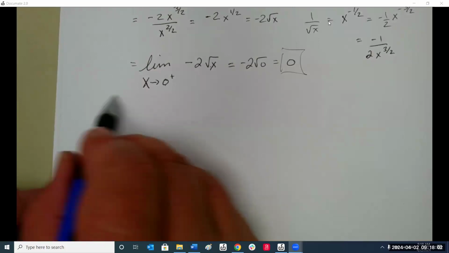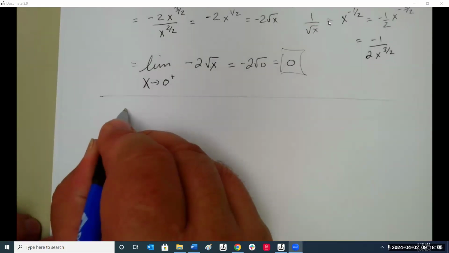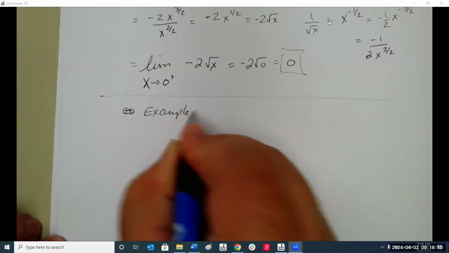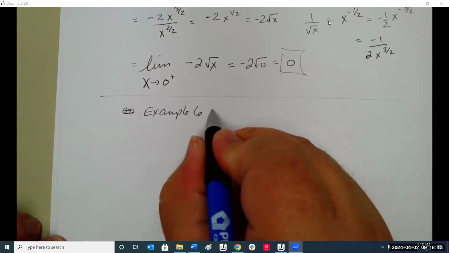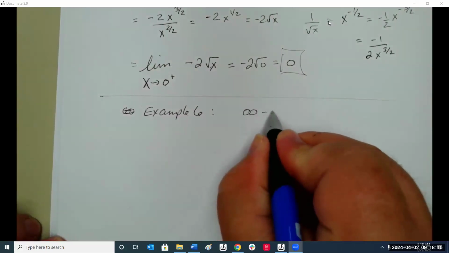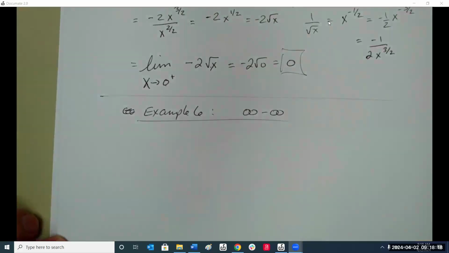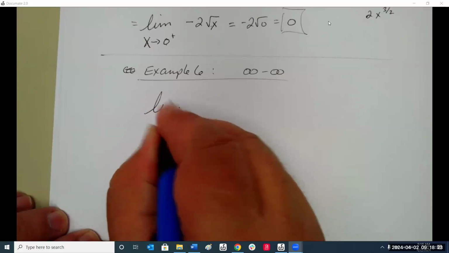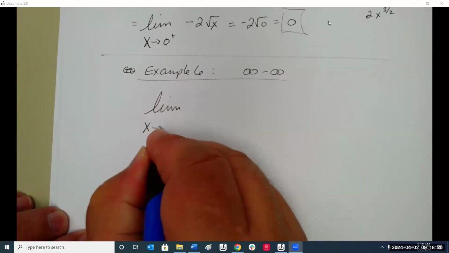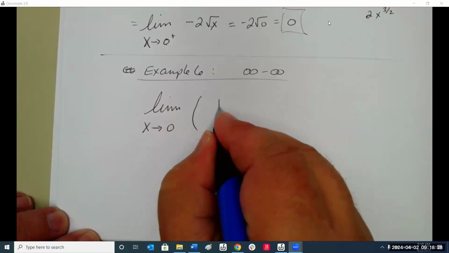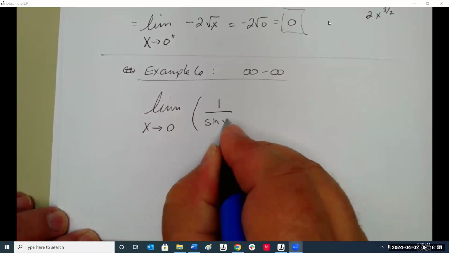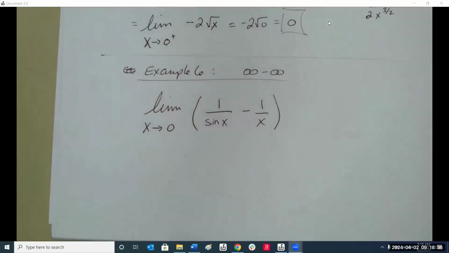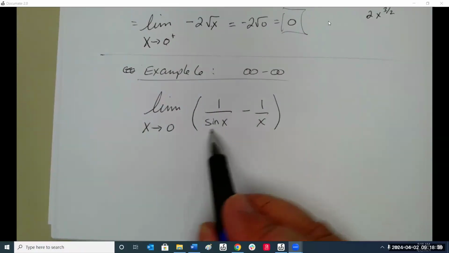Is there a C? No. Example 6. This is of the form infinity minus infinity. The limit as x approaches 0 of 1 over sine x minus 1 over x. So what is sine of 0?